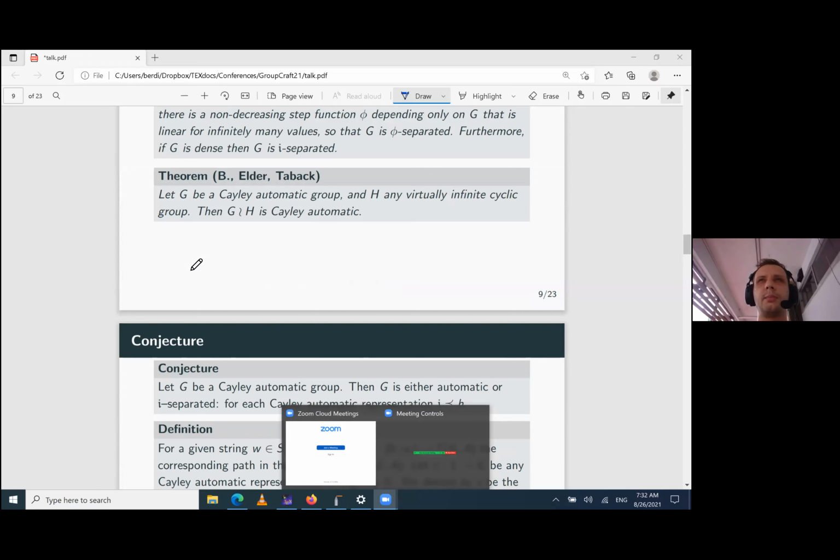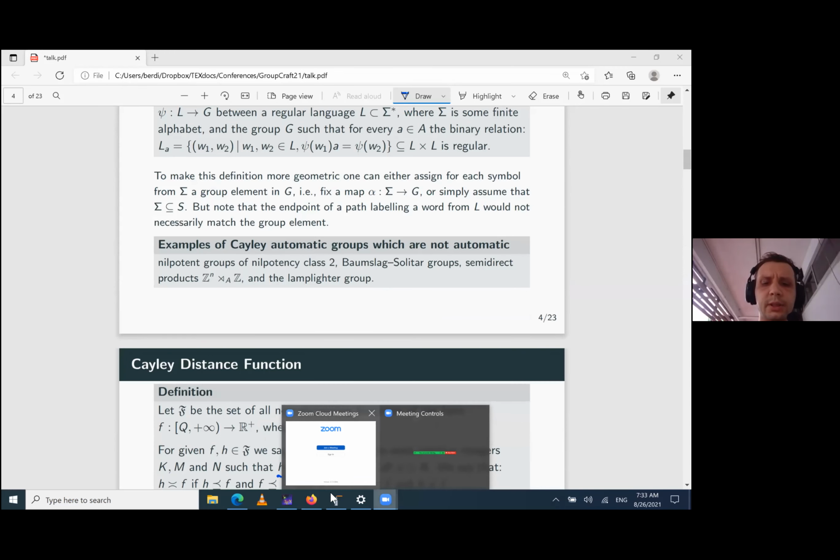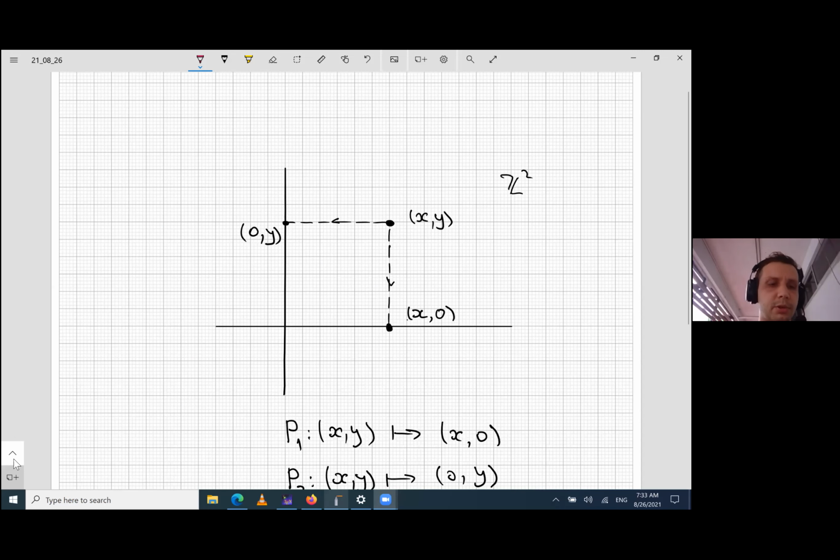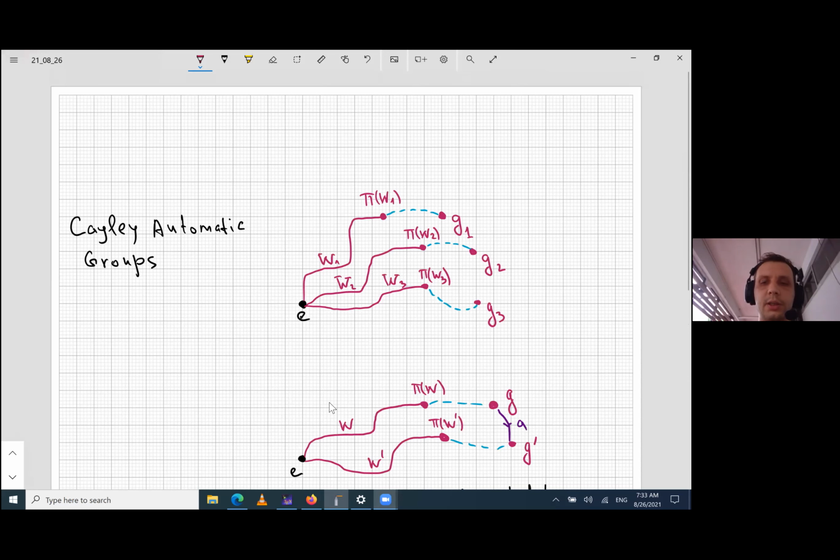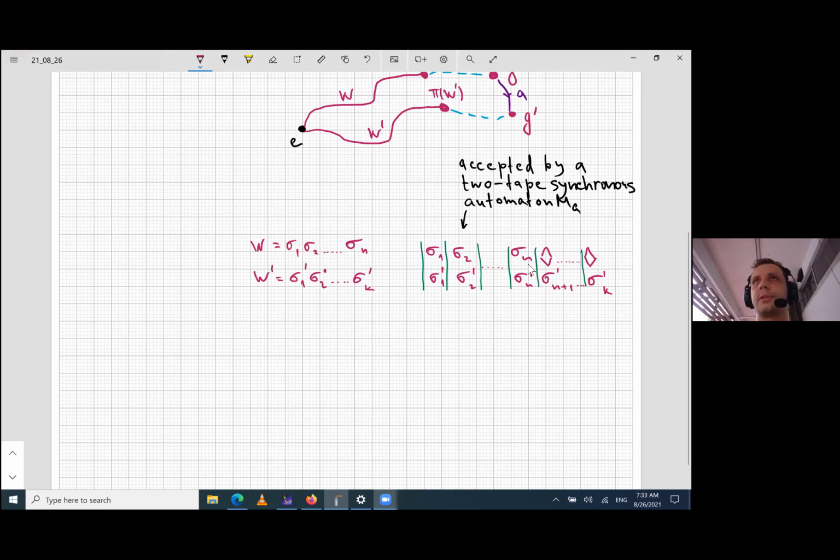So the computational model is exactly the same as in the case of automatic group. So the automaton here is, let me show it here. It is synchronous, like in the case of automatic group. It's not asynchronous.